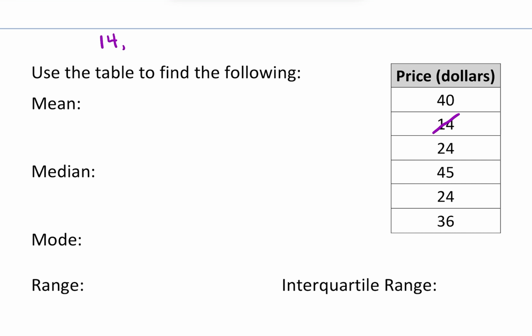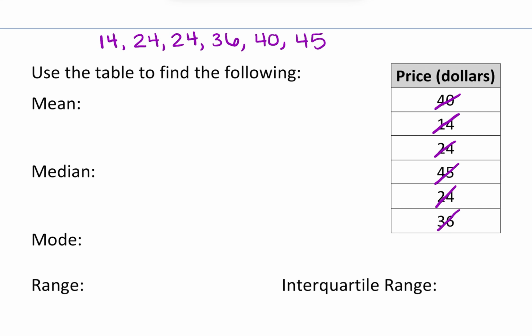And I'm going to mark it out. That's really important to mark it out as you go. I then have a 24. And notice I have two 24s, so I'm going to write it again. And then 36, 40, and 45.